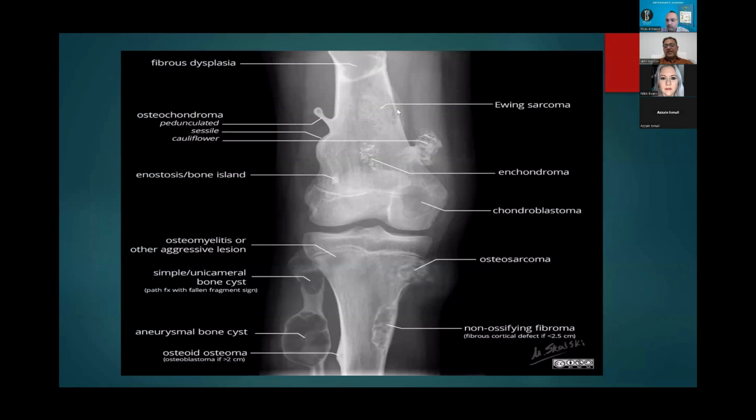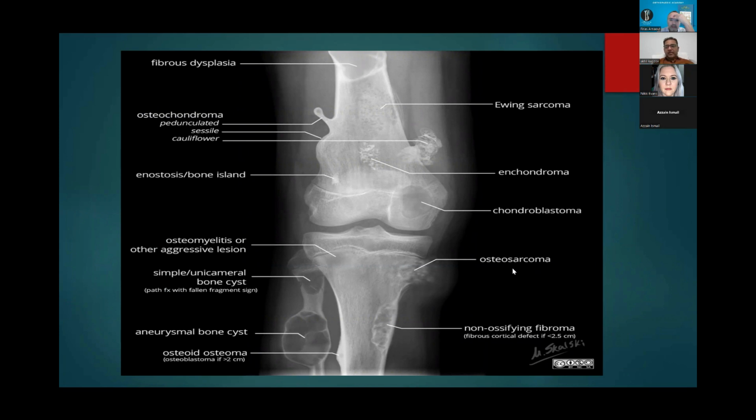But if you focus your attention here, you can see some lines around the periosteum. This is called onion peel appearance, and this is very classical of a very aggressive lesion, which is malignant. These are other benign lesions, chondroblastoma or bone island.